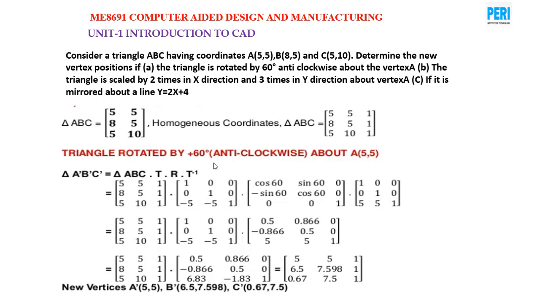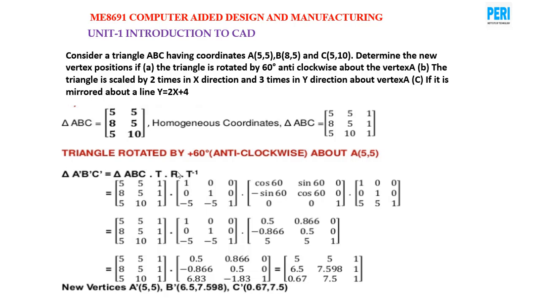Triangle rotated by 60 degrees anti-clockwise about the vertex A means this (5, 5). From this point only, this triangle has to be rotated. So this is ABC, and the point is (5, 5). So the translation is 5, 5. But it is in the anti-clockwise direction, so we put minus and minus.